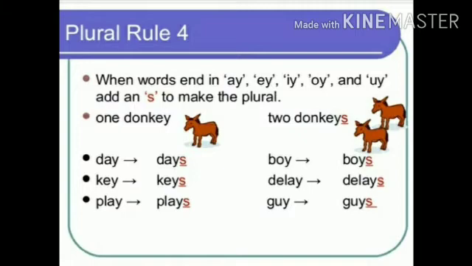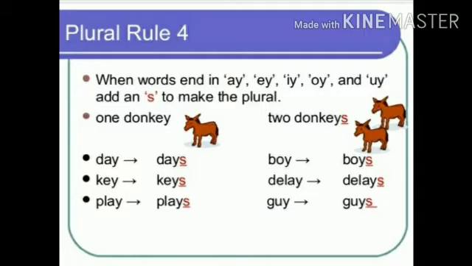In the word key, vowel e is placed before y. In the word boy, o is placed before y. In the word guy, we can see u is placed before y.